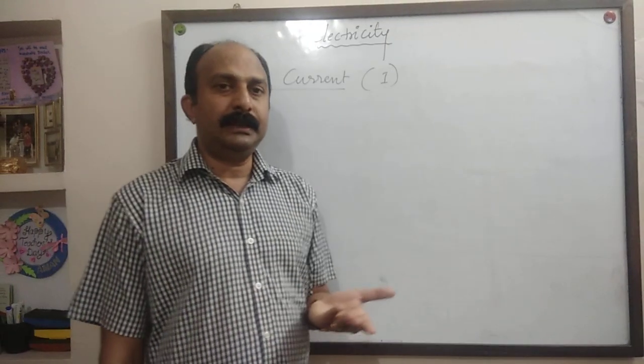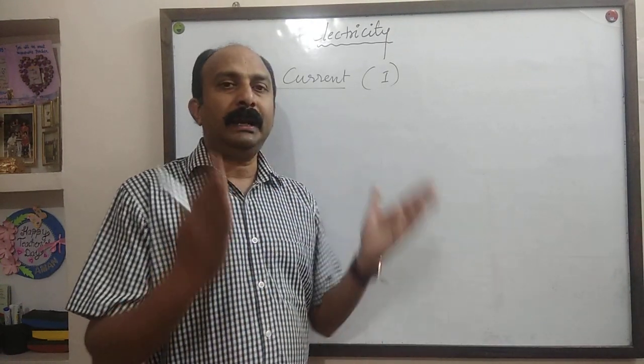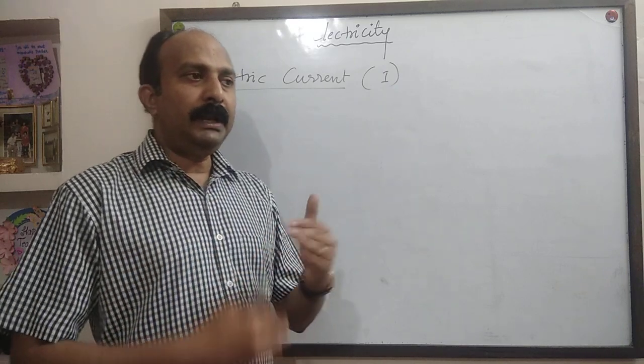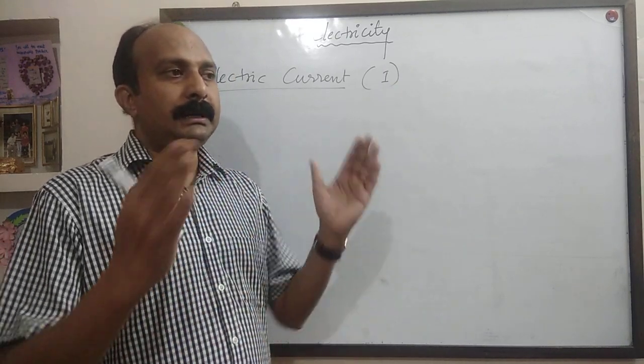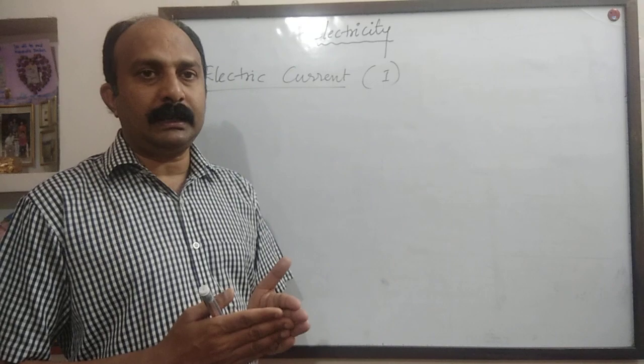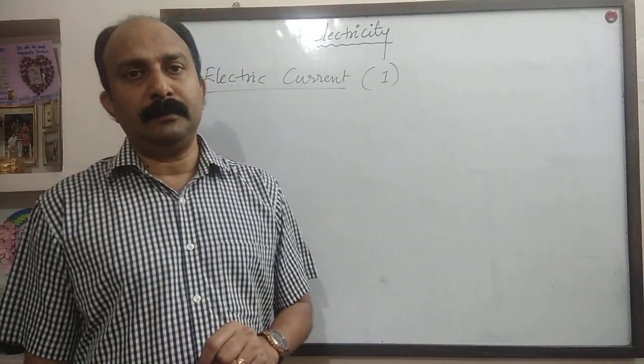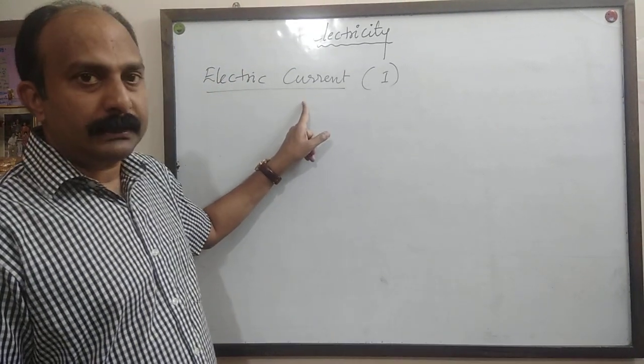Now what is meant by rate? Rate means per time. How many electrons or how much electric charge is flowing through a circuit in 1 second time is called electric current.